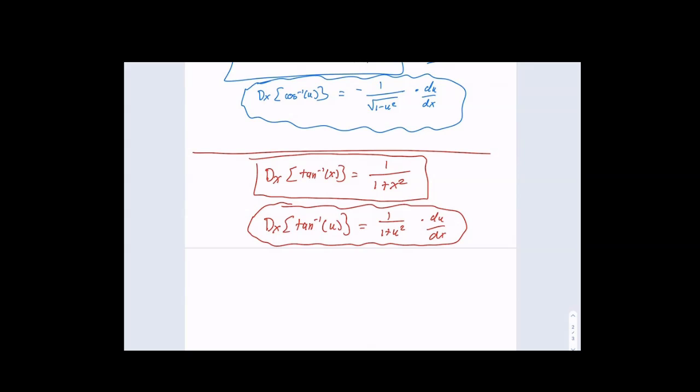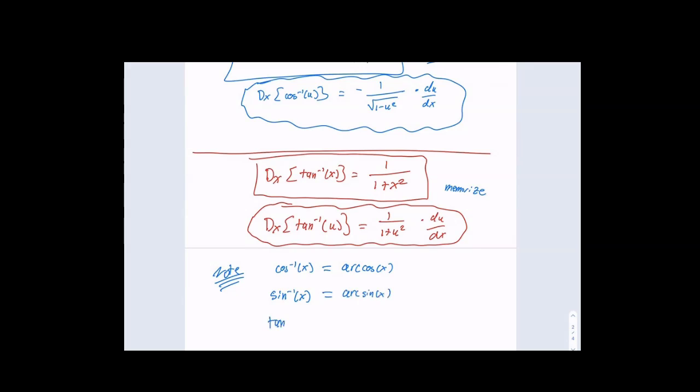Memorize them. That's what it comes down to. So in the end, these are just 3 new derivatives that you need to memorize. And if it's chain rule, you should understand how the chain rule works. I also want to note something. Inverse cosine of x can also be written as arc cosine of x. Inverse sine of x can also be written as arc sine of x, the same equivalents.